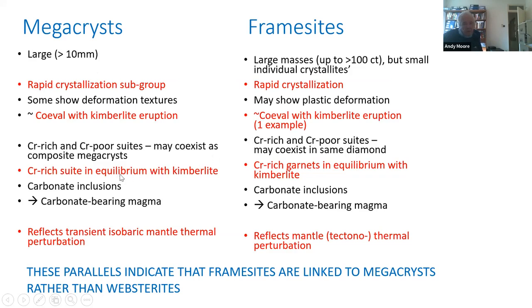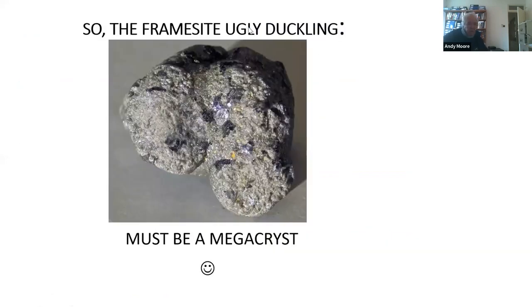Both have carbonate inclusions and a number of other similarities. And we feel that these parallels are so dramatic, in addition to the compositional similarity of the framesite inclusions to the megacryst suite, that this links the framesites to the megacrysts. In other words, this is part of the megacryst suite.